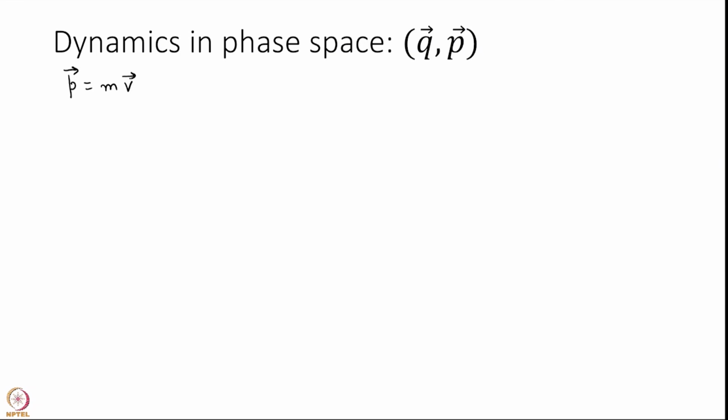So, what is going on? Now we have 6n coordinates. We have q1, q2 till q3n, and we also have 3n momenta. Okay.